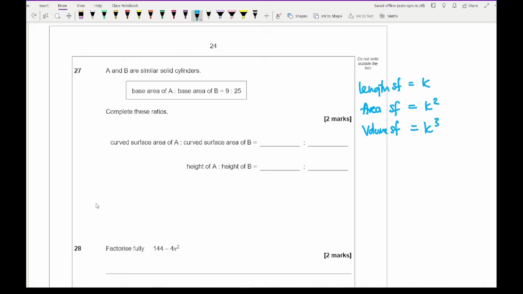For this, the base area and the curved surface area are going to be exactly the same, so that's still going to be 9 over 25. In regards to the height, that represents the length, so I need to square root 9 and square root 25, which gives me an answer of 3 and 5.